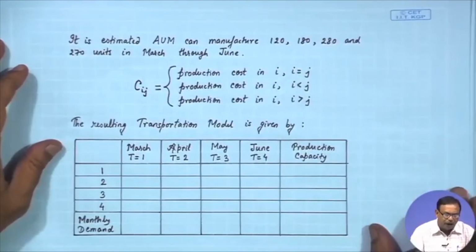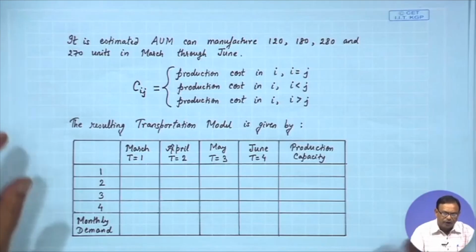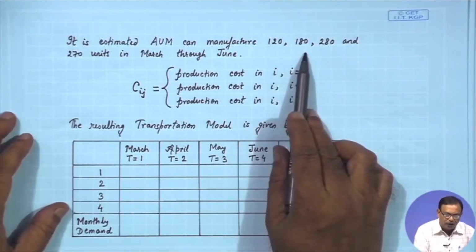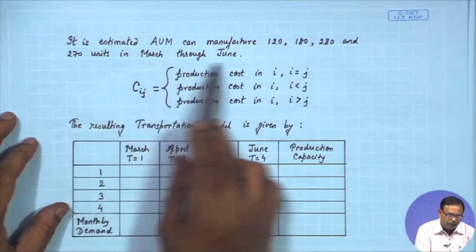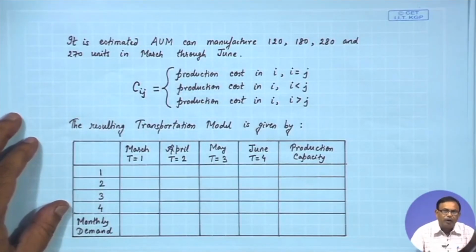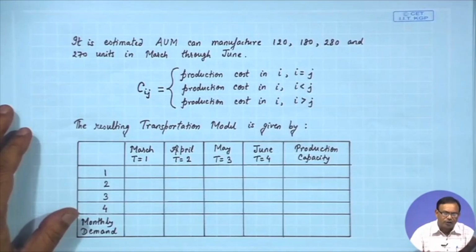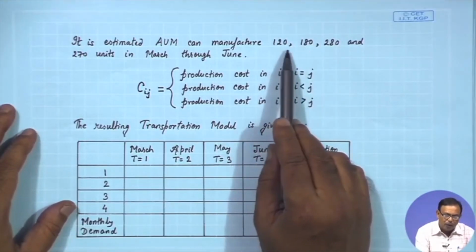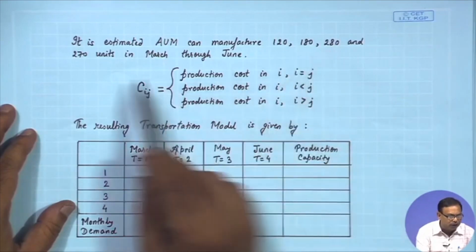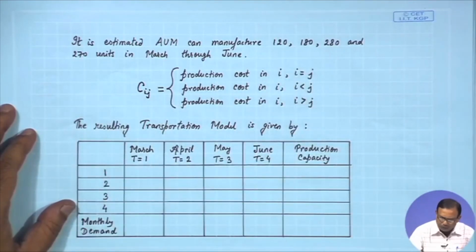It is estimated that AMU can manufacture 120, 180, 280 and 270 units in March through June. That means the estimated production quantity from March to June is 120, 180, 280 and 270.